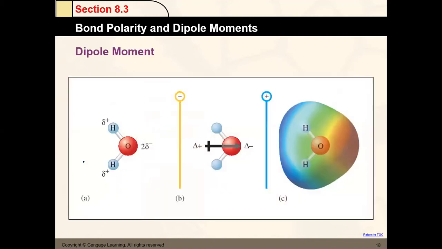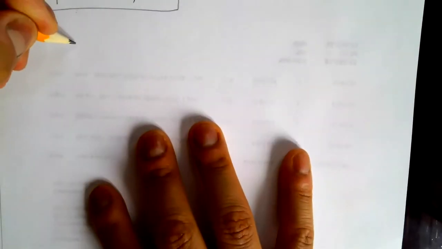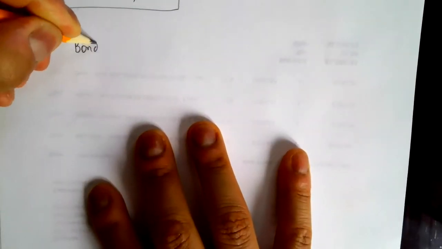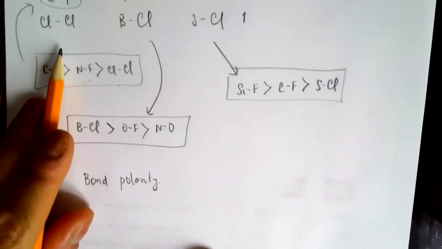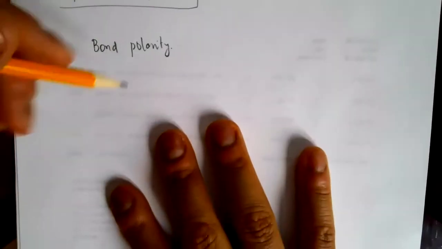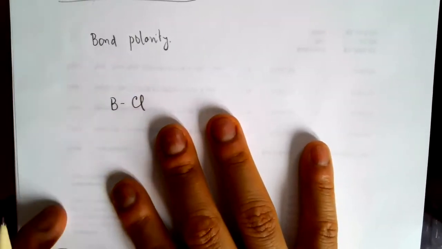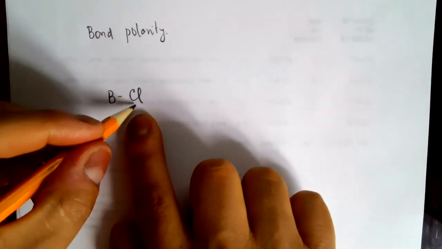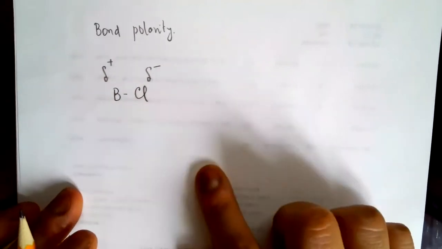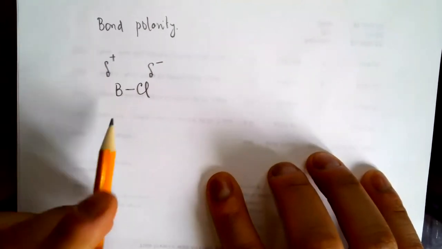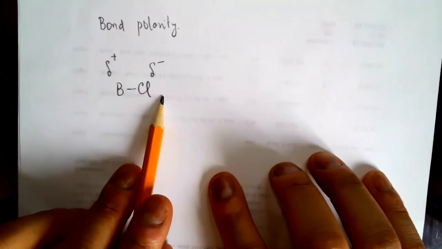So what we do here is, I'll explain the difference between electronegativity or bond polarity and dipole moment. Bond polarity comes, for example, in our example that we had here, BCl, let's say BCl. We said that chlorine is more electronegative than boron. Therefore, I will put a delta minus and delta plus, because boron is less electronegative than chlorine.